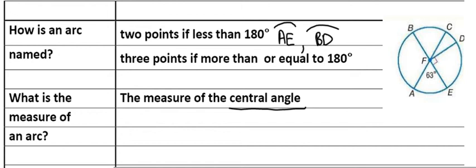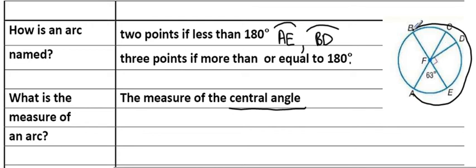But if we're talking about a major arc, or an arc equal to or greater than 180 degrees, we have to use 3 points, because if I were to go from B all the way around to A, and I just named it as BA, there has to be a way to distinguish whether it's the bigger BA, so B to A, or the littler BA, so this B to A. So that's why if it's greater than 180, we use 3 points, and that tells us that we're not using the little arc. And if it's less than 180, we use 2 points.